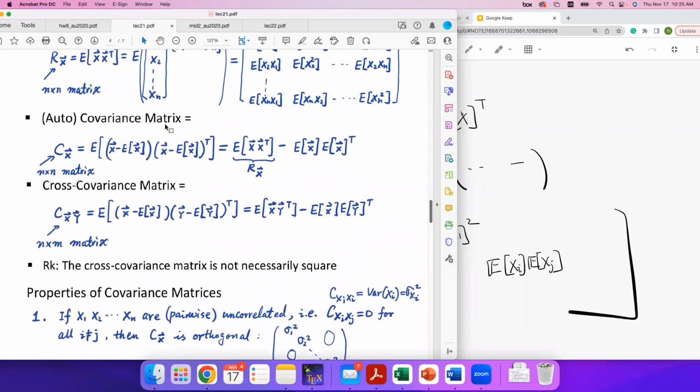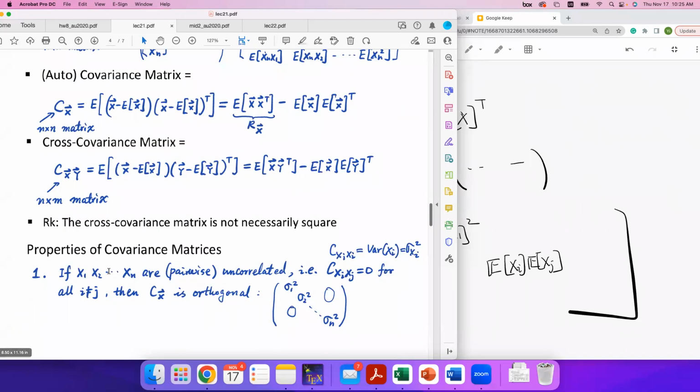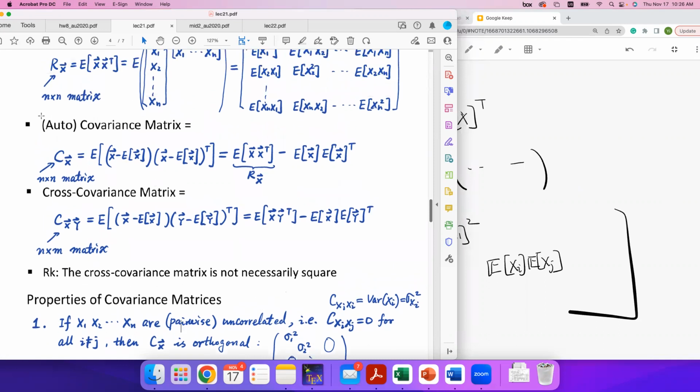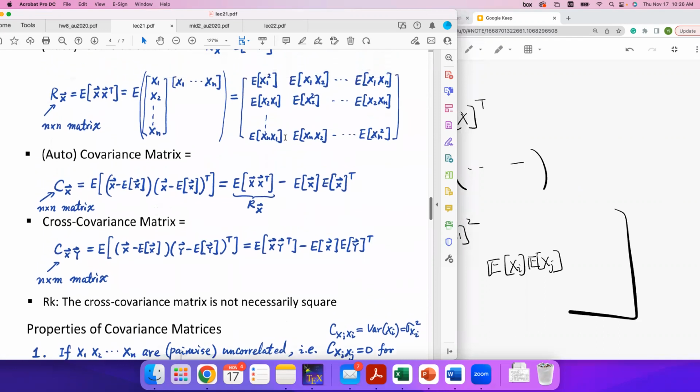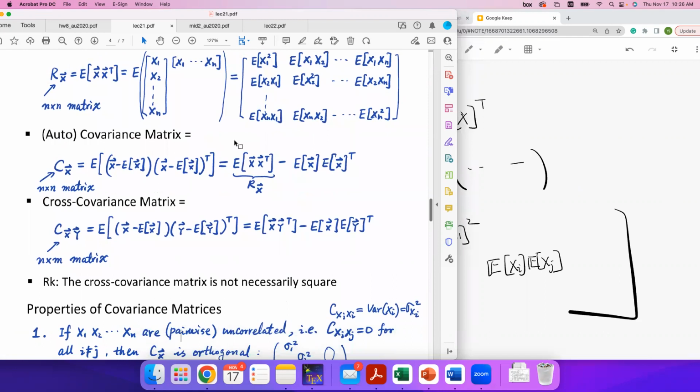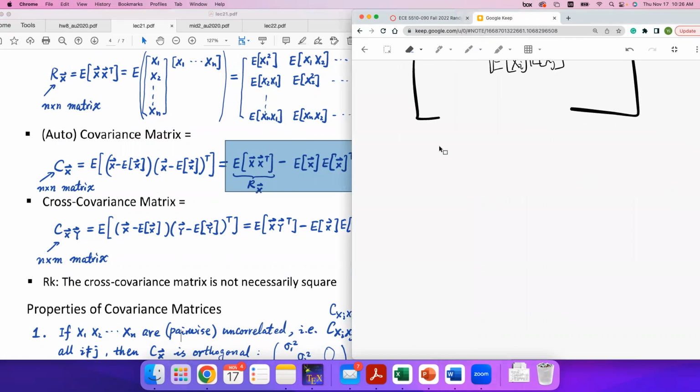And these matrices have some very simple intuitive properties. If all these random variables are pairwise uncorrelated, then the autocovariance matrix is diagonal. Well, you look at this autocovariance matrix, this CX matrix.